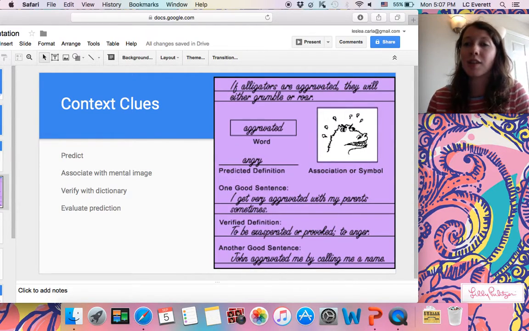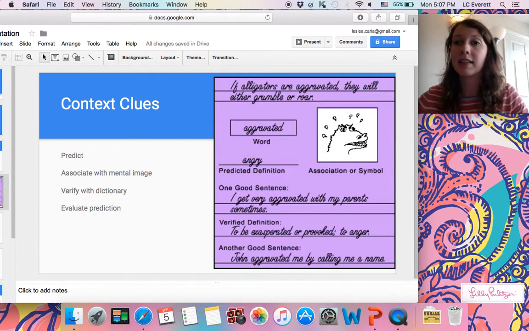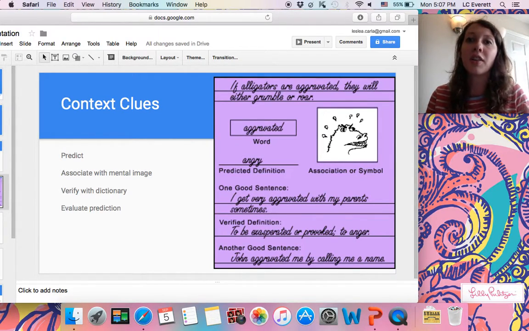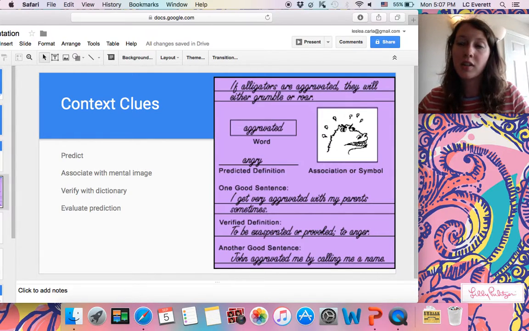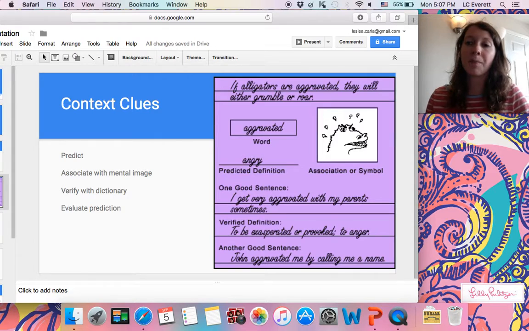But then they could also use it where I thought aggravated meant angry, and they also thought aggravated meant angry, and I see that my other friend over here thought that aggravated meant angry, so then they'll be able to judge, okay, I thought this, someone else also thought this, are we right? Kind of that idea of working together collaboratively to come towards a definition, but also using the context clues.